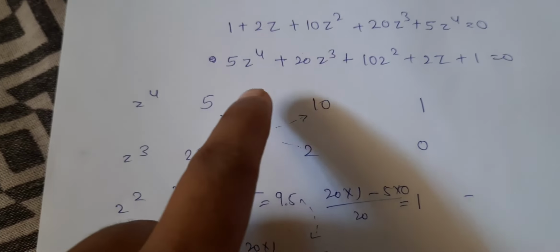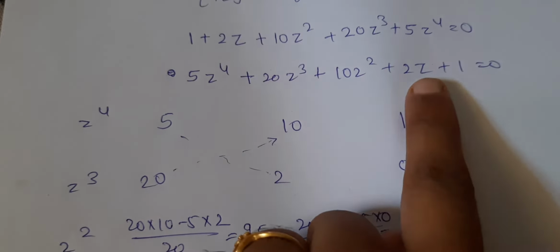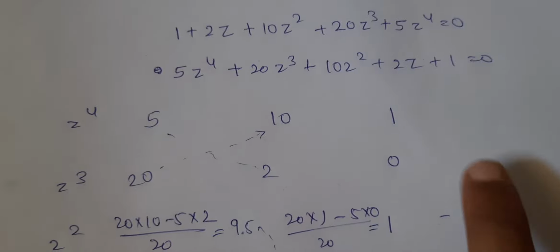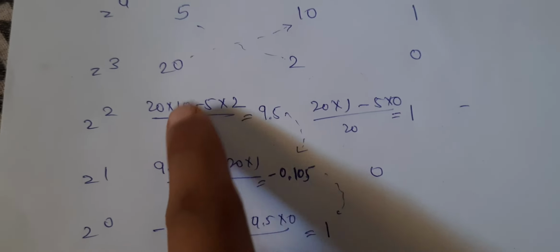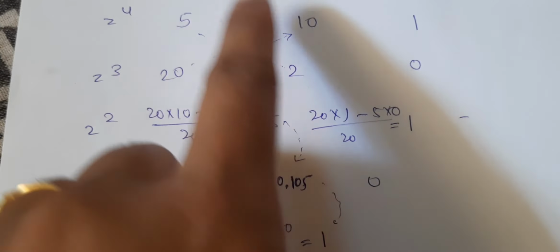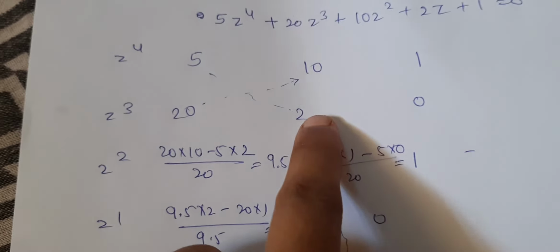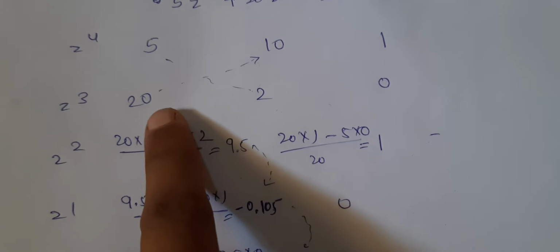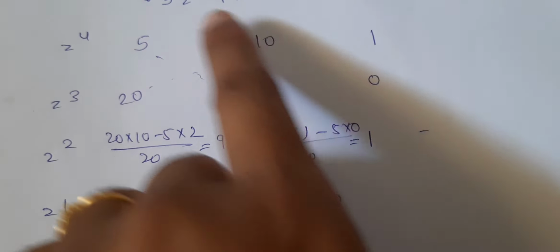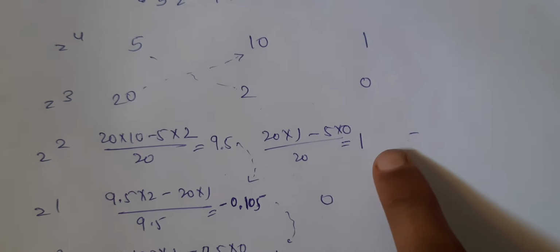In the z raised to 3 row, the second and fourth elements are 20 and 2. After calculation: 20 into 10 minus 5 into 2, divided by 20, and 20 into 1 minus 5 into 0, divided by 20.